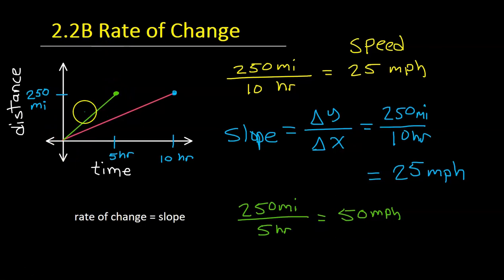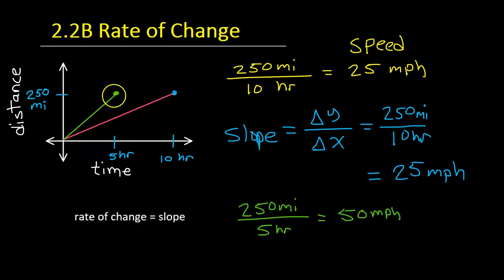Graphs like this are very unrealistic. Cars don't behave like this. This green graph shows a car moving at a constant speed of 50 miles per hour right from the beginning. When you step on the gas, a car doesn't immediately go 50 miles per hour. In the real world, a car will have gradual changes in speed.